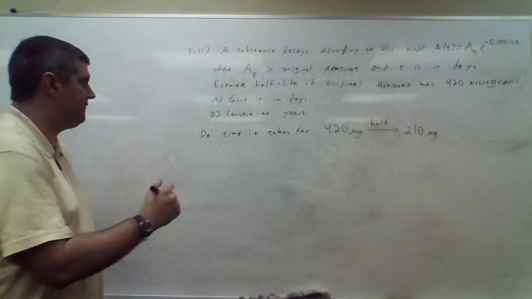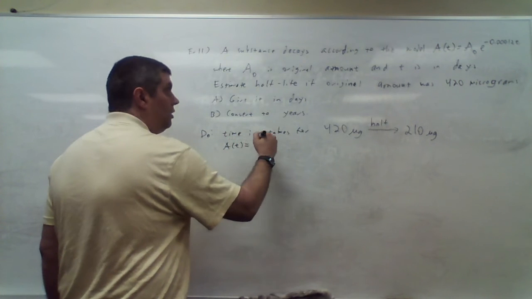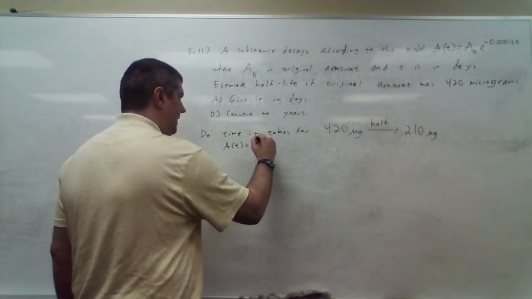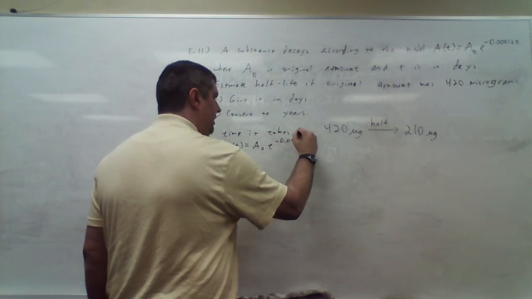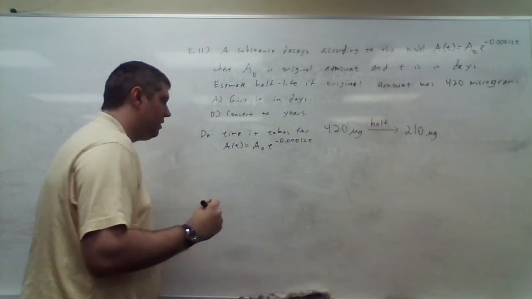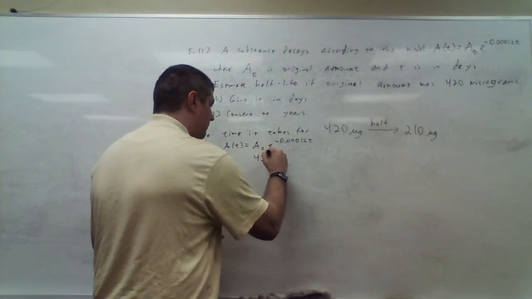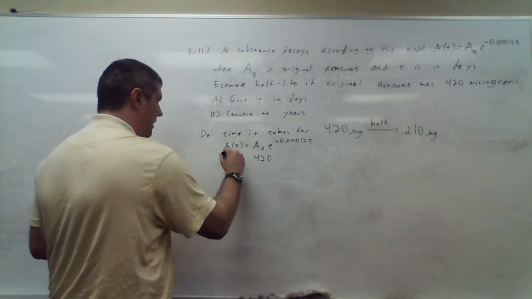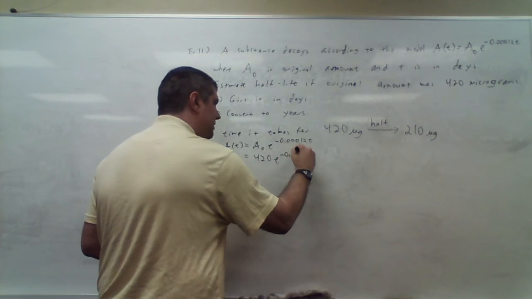Okay, so if A of t equals A sub 0 times e to the negative 0.00012t, then the original amount is 420. We're looking for 210 to be the amount after the unknown amount of time.